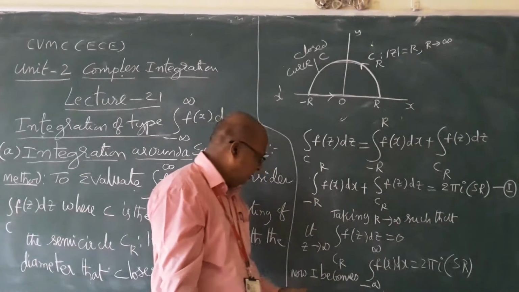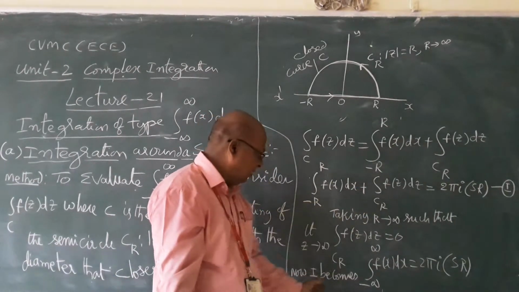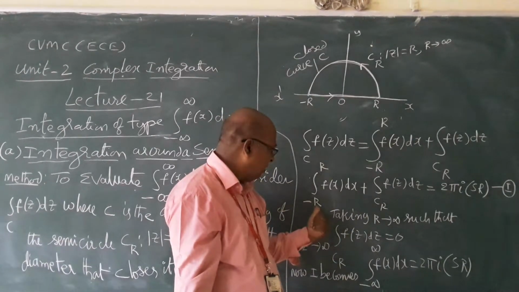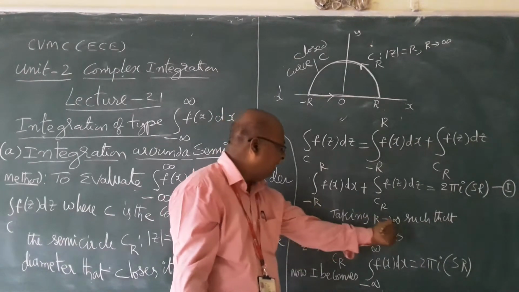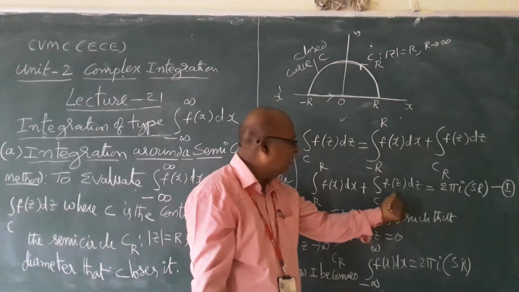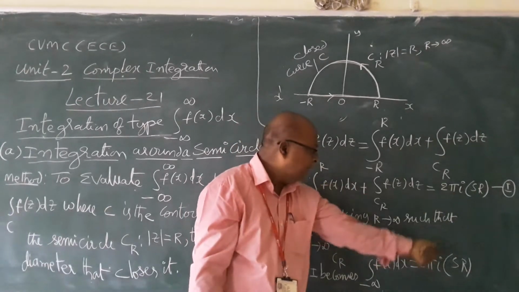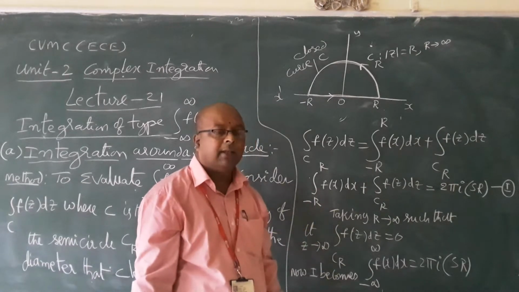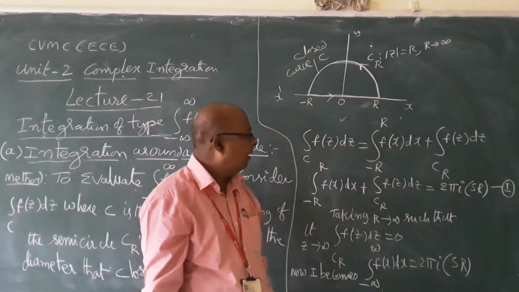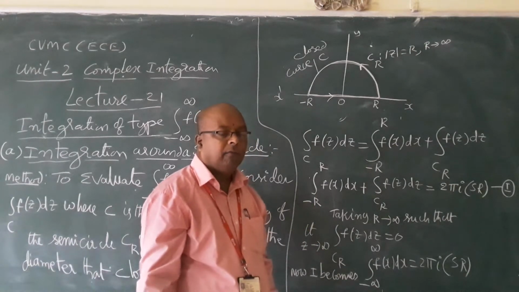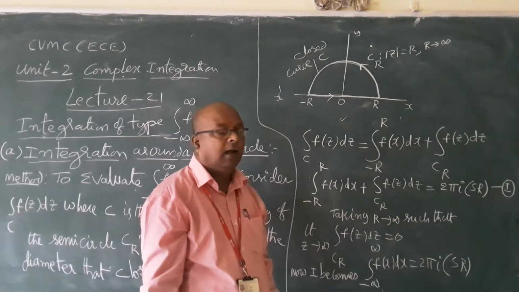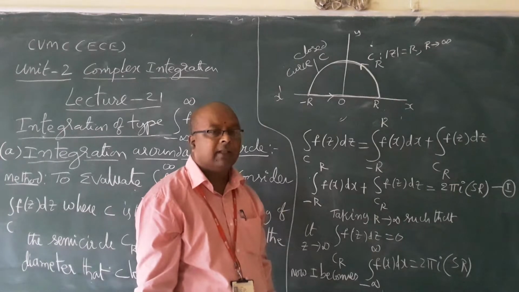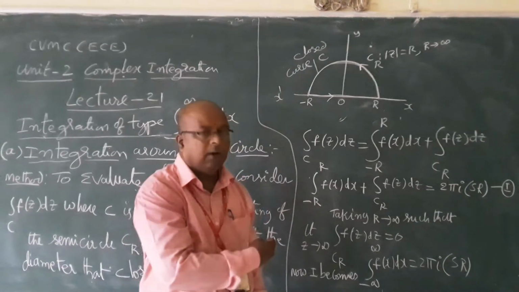Now this becomes the integral from minus infinity to infinity of f of x dx, instead of r we write infinity, is equal to 0 plus 2 pi i into the sum of the residues. This is the methodology for obtaining the value of an integral of the type minus infinity to infinity of f of x dx. Note down please.